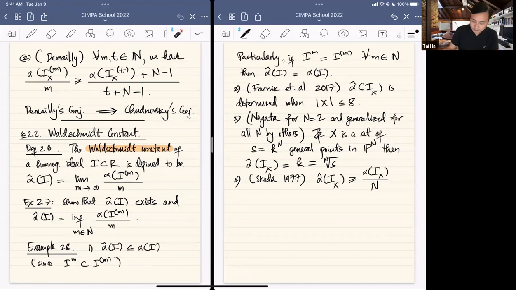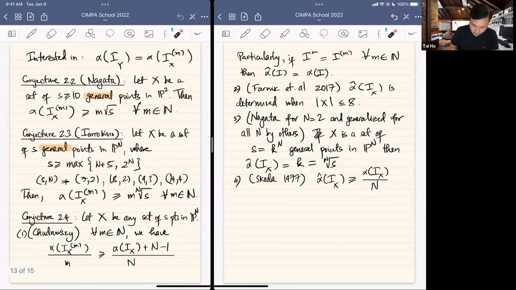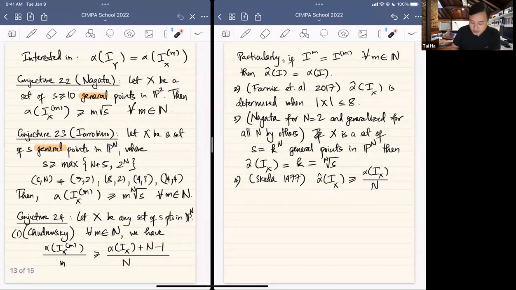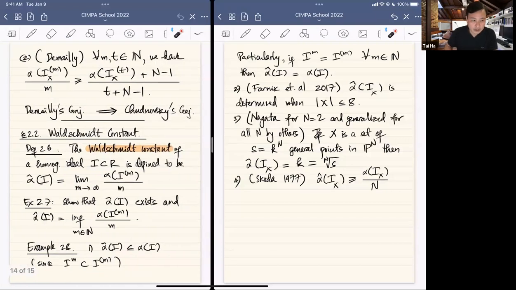So if you look at this, you see that it's quite close to what Chudnovsky's conjecture is, right? Chudnovsky's conjecture basically says, well, instead of having just alpha of I_X over n, you can even increase the numerator by n minus 1, right?